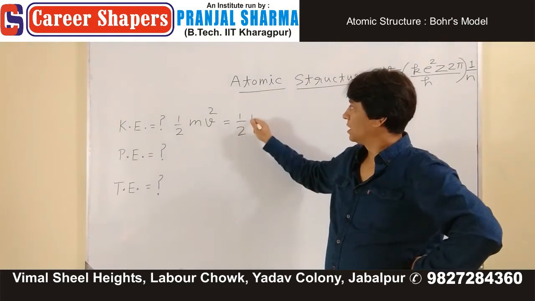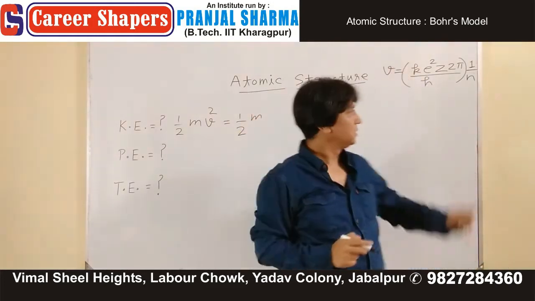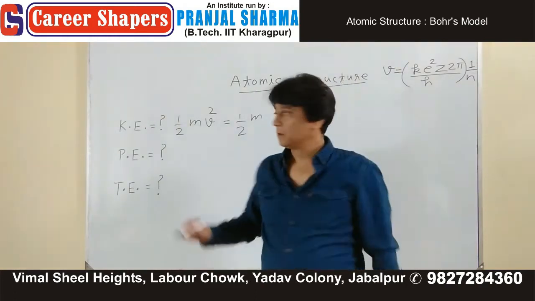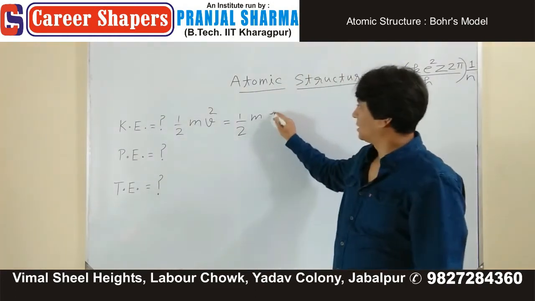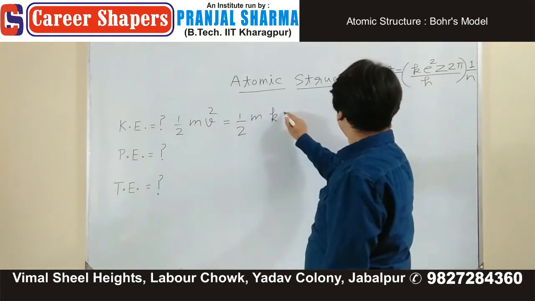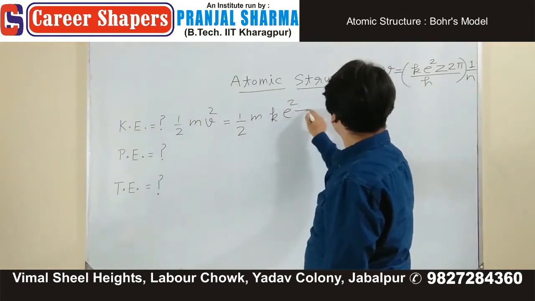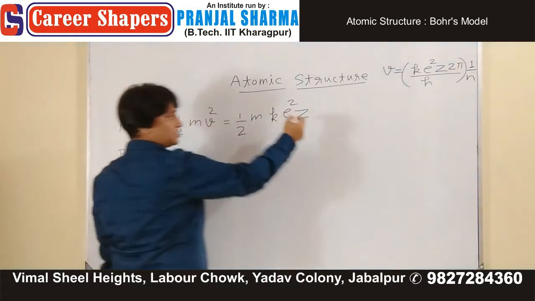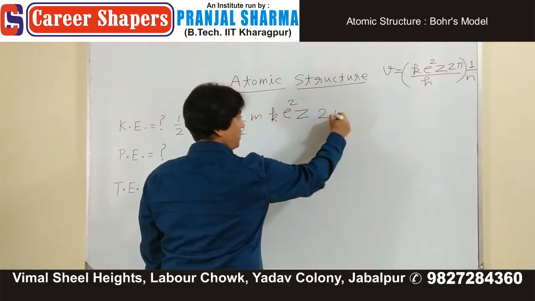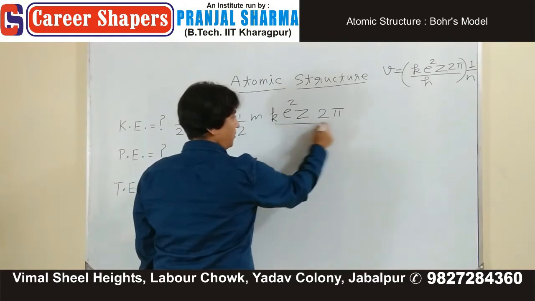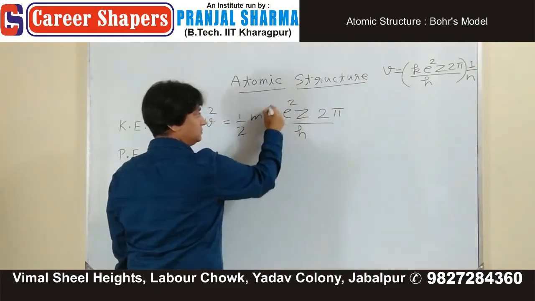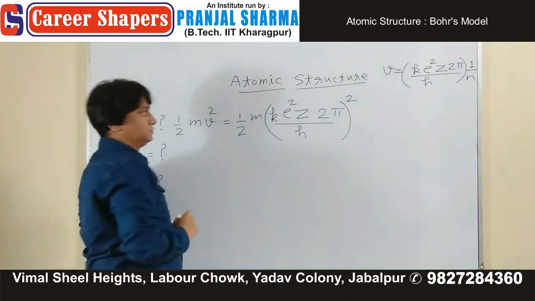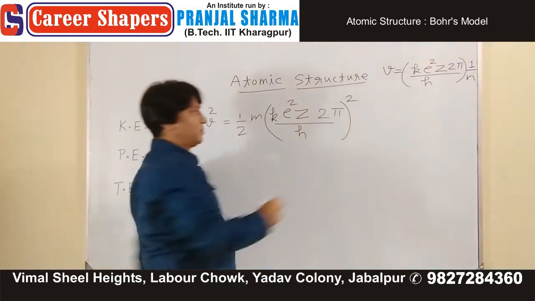Half m V. This is V: K e square Z, 2 pi upon H, whole square, and then 1 upon n square.